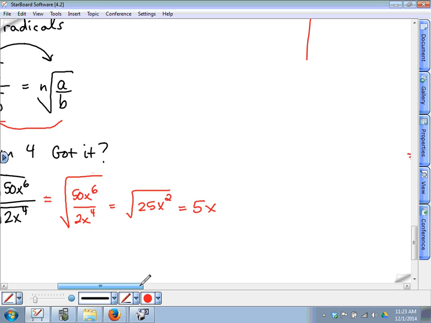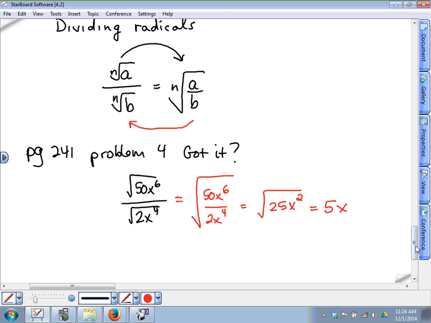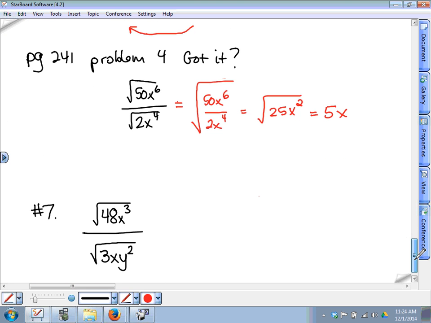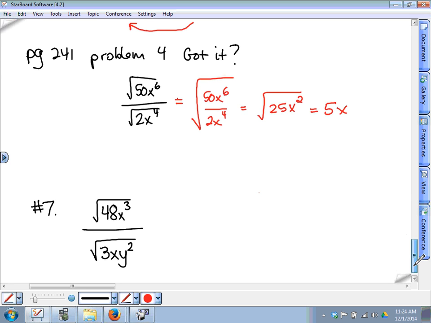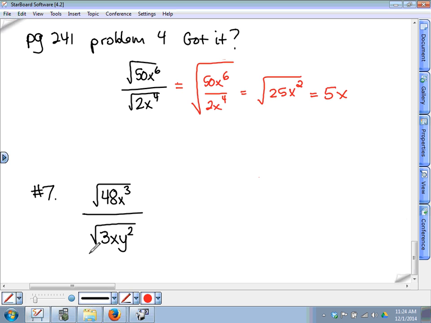So same page, let's take a look at problem 7 right here. It's a similar type of situation. First thing you've got to check is, are you dividing by the same kind of root? We have a square root divided by a square root.